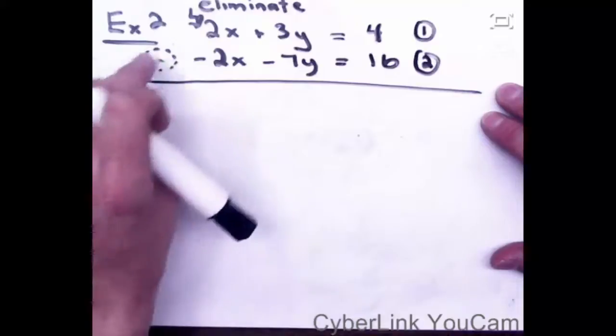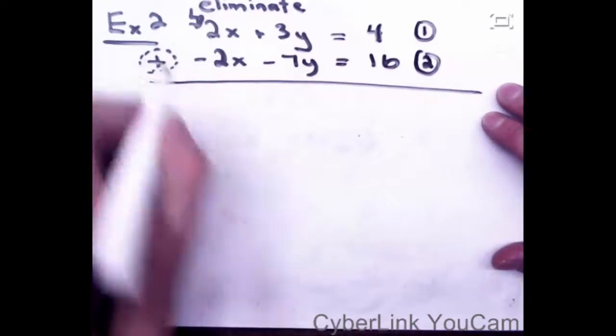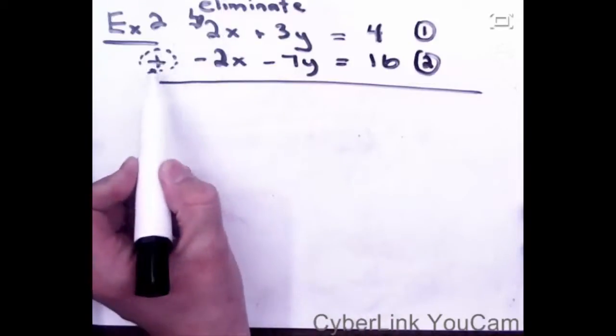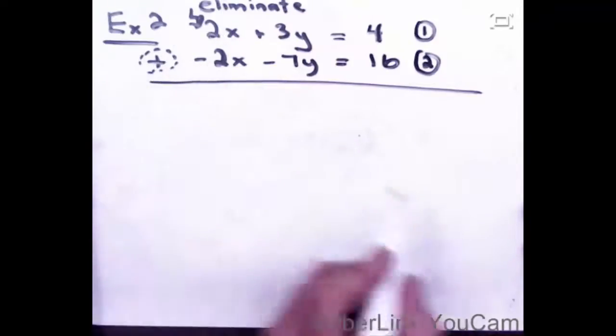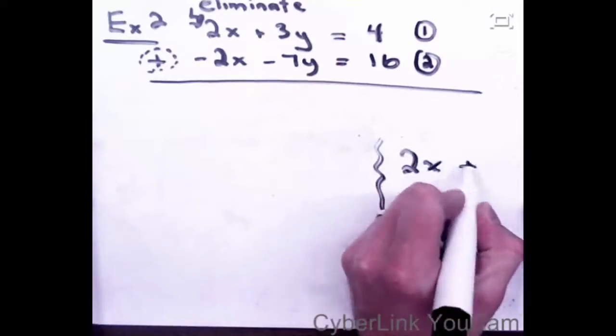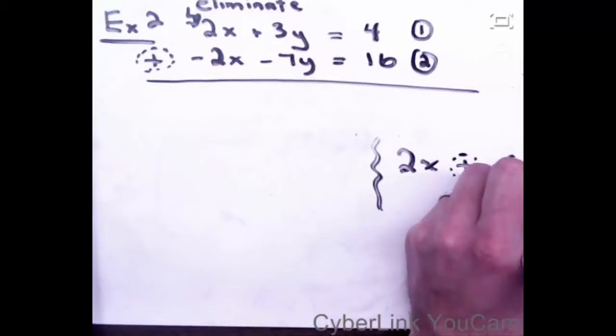It won't work. What you need to do is add. Because watch this. If I have 2x plus minus 2x, and just think, that sort of means this. We have 2x plus, that plus comes from here, minus 2x.